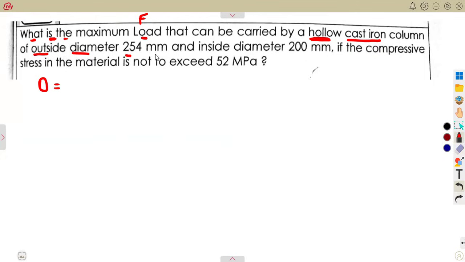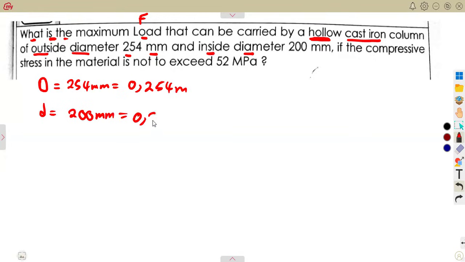So this is 254 millimeters, which we can simply divide by 1,000 to give us 0,254 meters. And the inside diameter, that is the small d, is 200 millimeters, which you can simply divide by 1,000 to give us 0,2 meters.